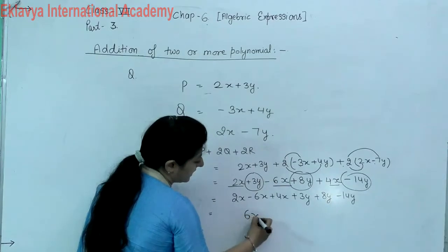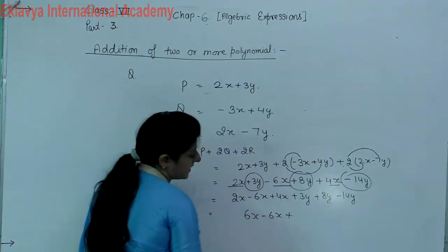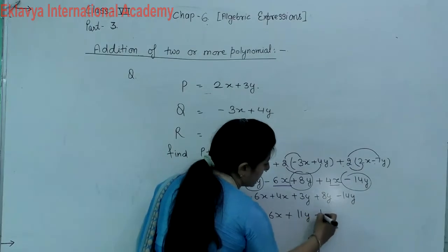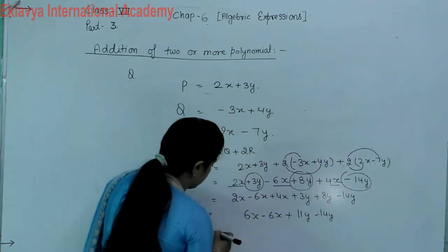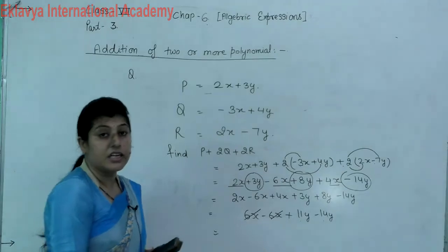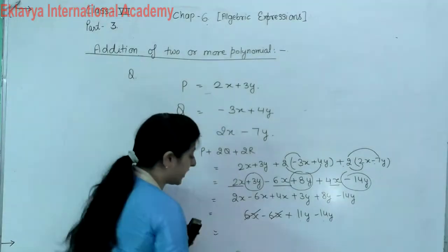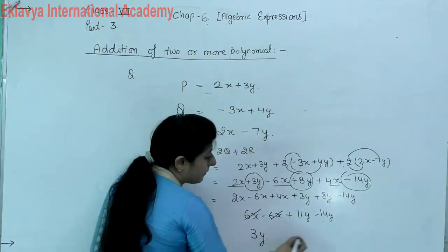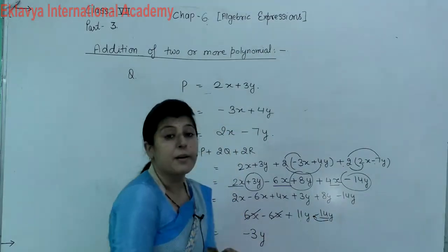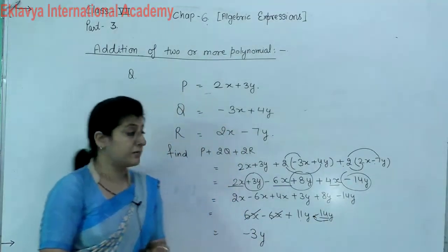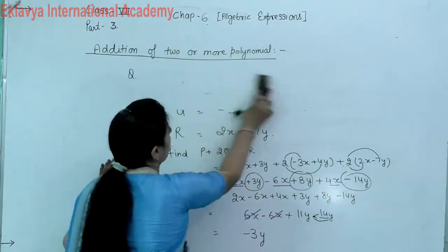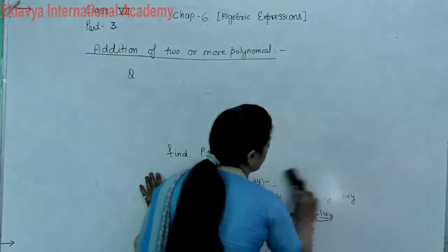You can write it like this, 6x minus 6x, plus 3 plus 8, 11y minus 14y. This one cancels. Here 11 minus 14. Again plus minus minus, then 14 minus 11, 3. But with the greater value there is a negative sign, so the answer is minus 3y. This is how we solve the addition of given polynomials.